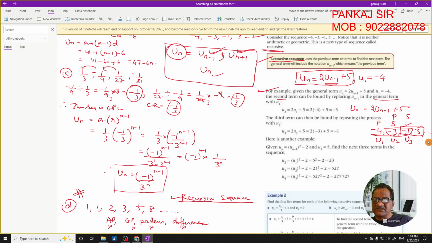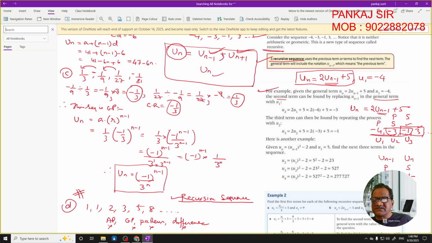So this you should remember. In this case, un minus 1 will be the previous term and un will be the successive term, isn't it? Suppose this un is u5, then un minus 1 will be 5 minus 1, which is 4, so u4.